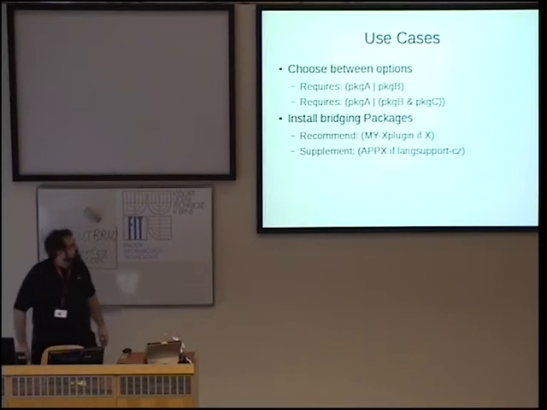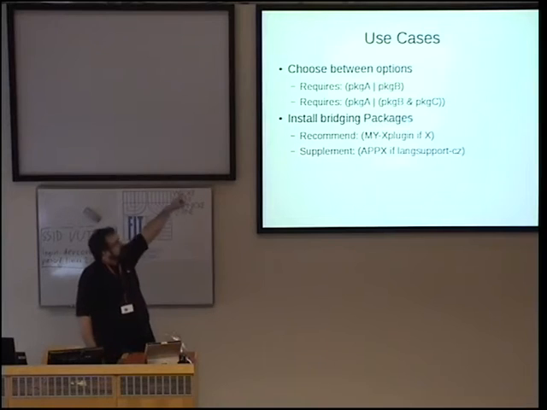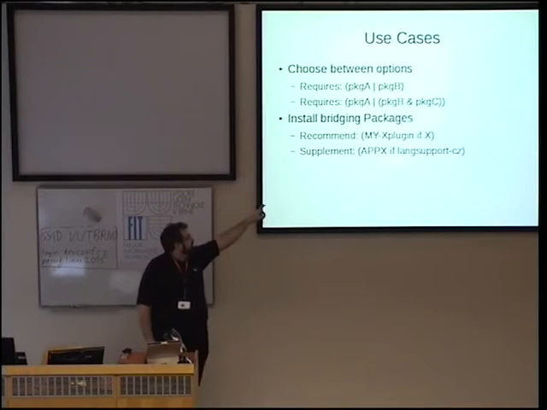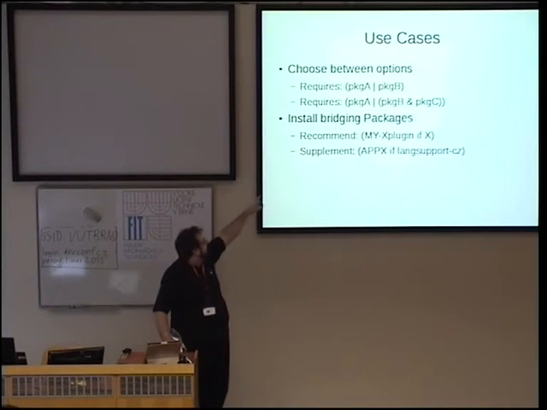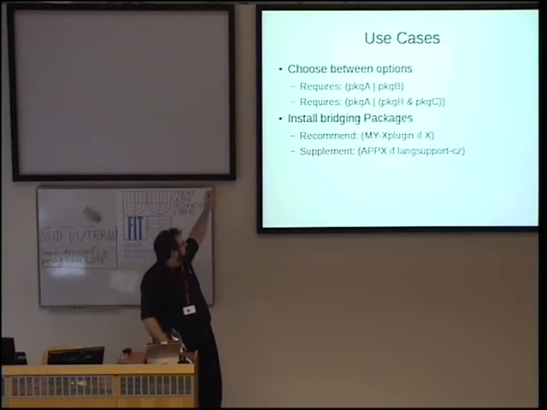There's a couple of use cases. Most of them we talked about. There's choose one of the packages. There's choose one of the packages or a combination of other packages. This is something I just talked about. The main thing I actually wanted this to be implemented for is bridging packages.